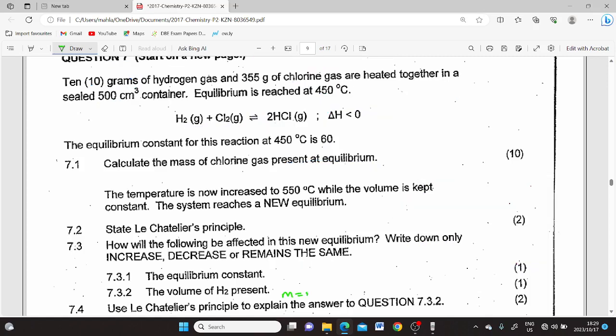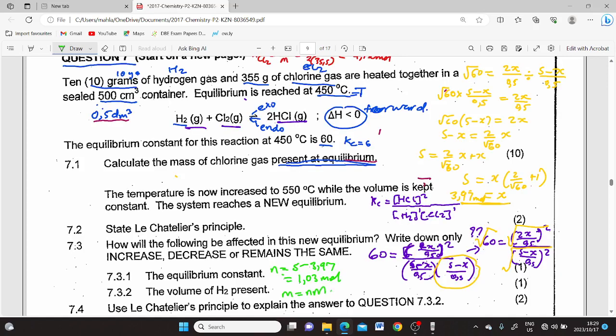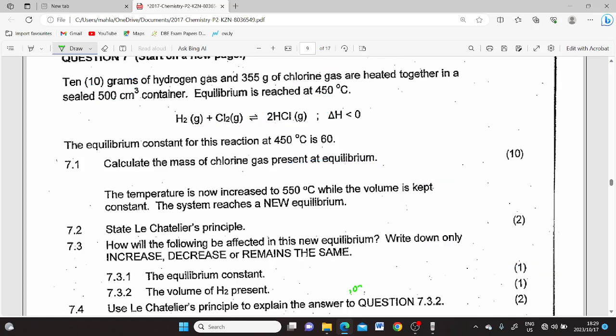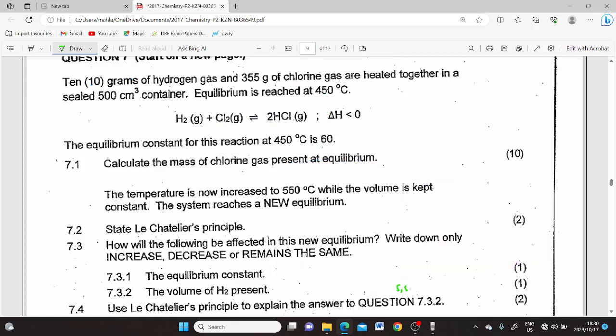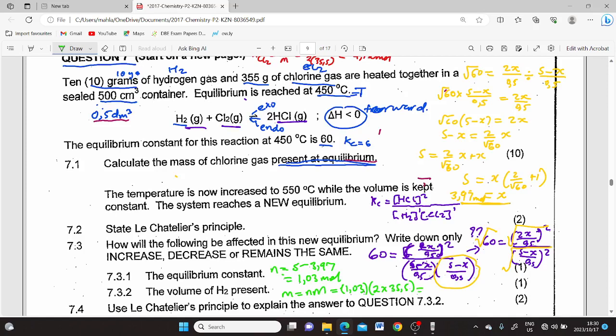So the mass equals to N multiplied by the molar mass. So we're going to have 1,03 mole multiplied by what will be the mass of the chlorine gas. The molar mass is 2 by 35,5. So what do you get?